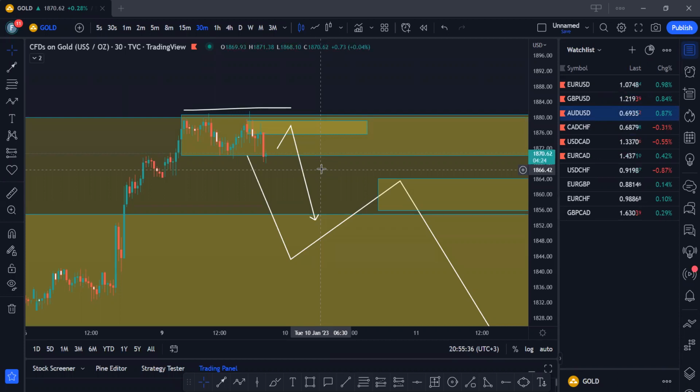Based on market structure, if market structure says that price is in a supply, it's best to look for sells. If market structure says that price is in a demand, it's best to look for buys. I know the argument between the dollar index and gold is very valid, but again, I recommend that you trade what's in front of you.